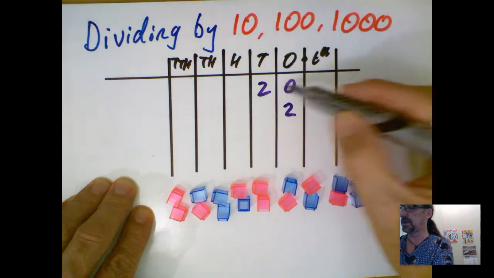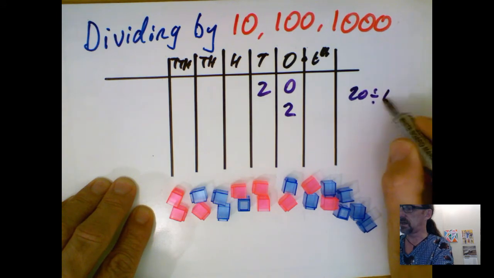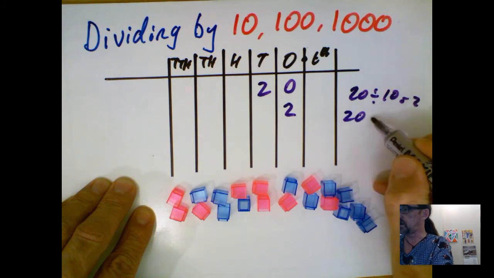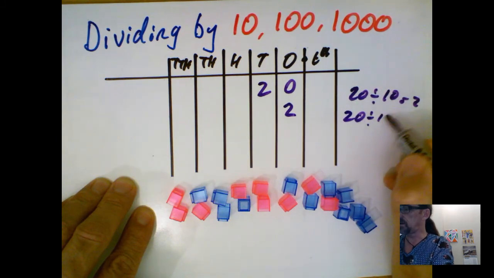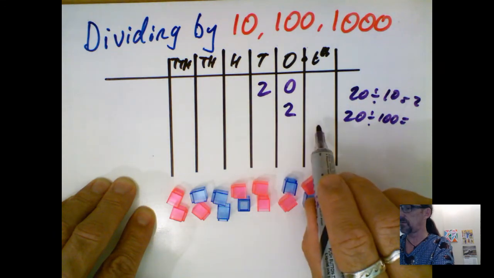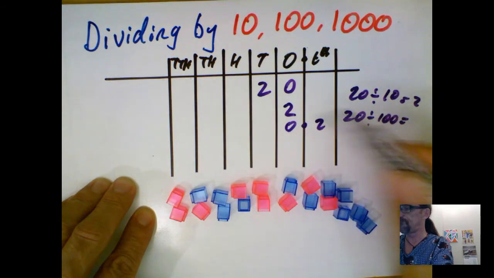If we divided 20 by 10, it equals 2. We just found that out. If we divide 20 by 100, we're going to move it one more column over to the right. It would end up being 0.2, right?